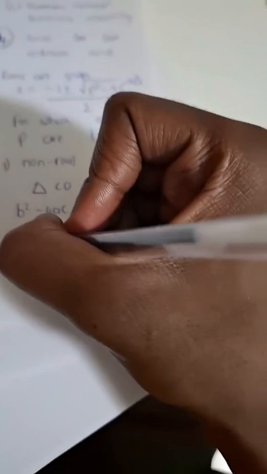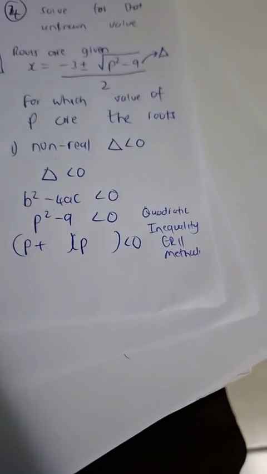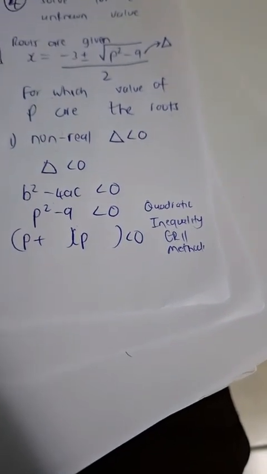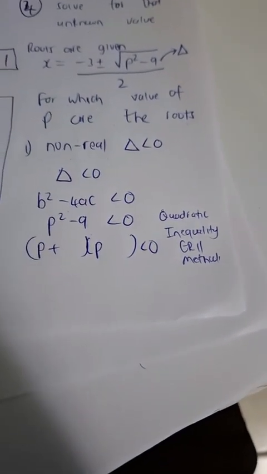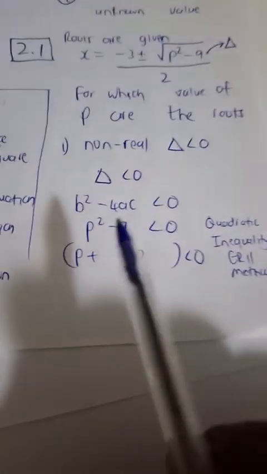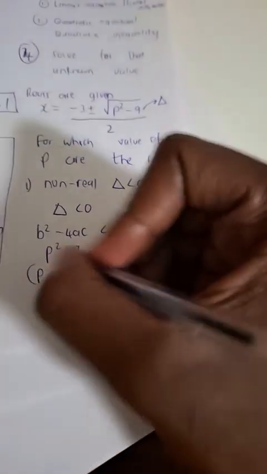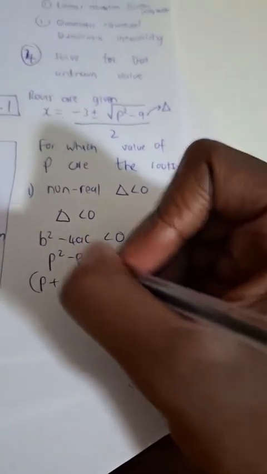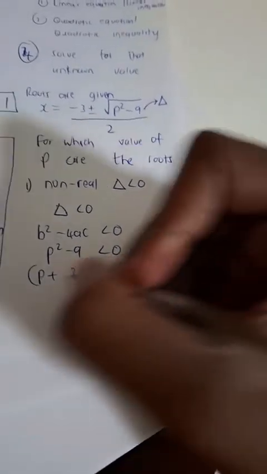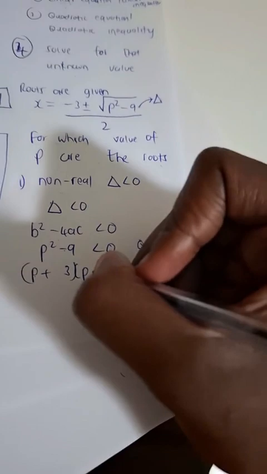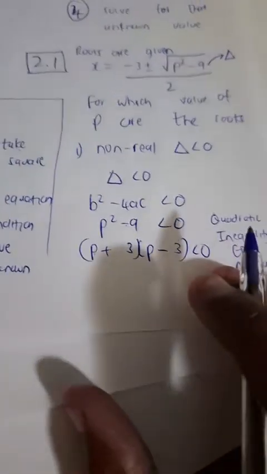Then after standard form, I factorize. P squared minus 9 is the difference of two squares, that's p and p, square root of 9 is 3 and 3. The signs need to be different, positive and negative.